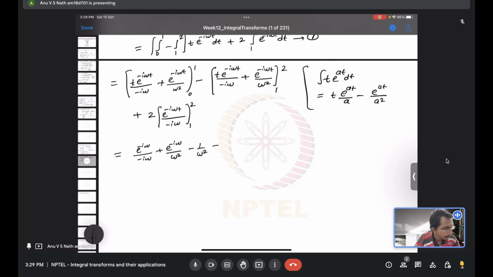Then minus, now the function's value at t equal to 2, which is 2 e raised to minus 2i omega by minus i omega plus e raised to minus 2i omega by omega square, then plus e raised to minus i omega by minus i omega plus e raised to minus i omega by omega square.